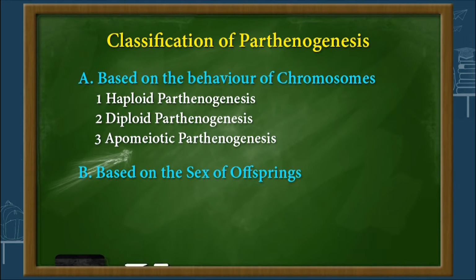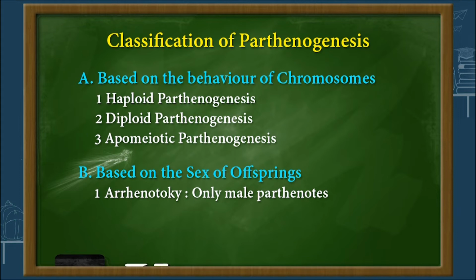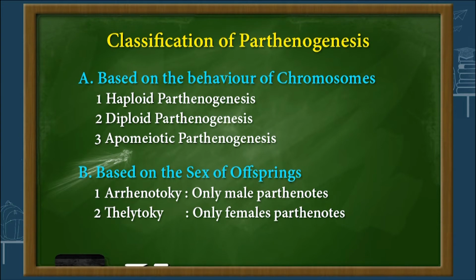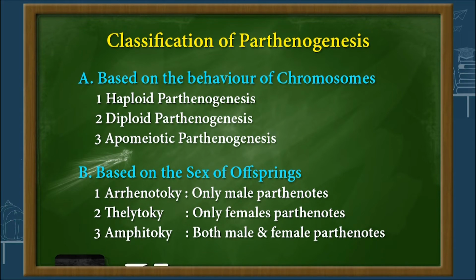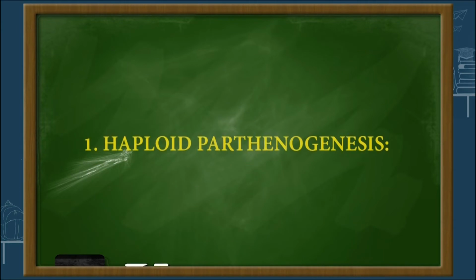Based on that, number one, arrenotoky, that means only male parthenots are reproduced. Thelytoky, that means only female parthenots are found in the population under this parthenogenesis. And the third one is amphitoky, meaning that both male and female parthenots are found under this type of parthenogenesis.